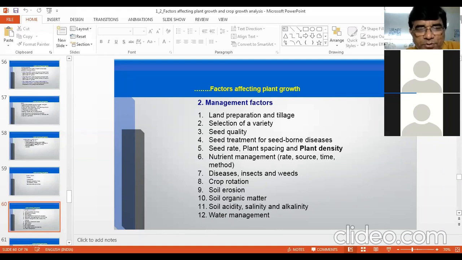And if I ask students how crop rotation can affect the growth of the crops, someone can come forward. Sir, in crop rotation, if we include a legume crop in the cropping system, then the legume fixes nitrogen in the soil, and the different crops have different rooting systems.